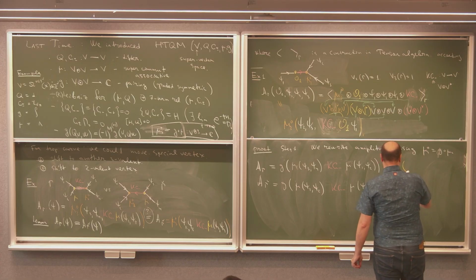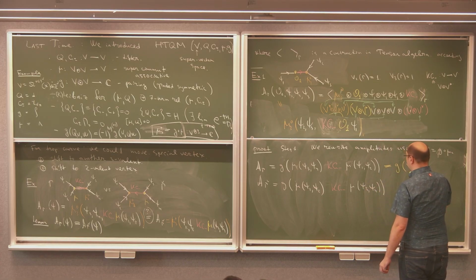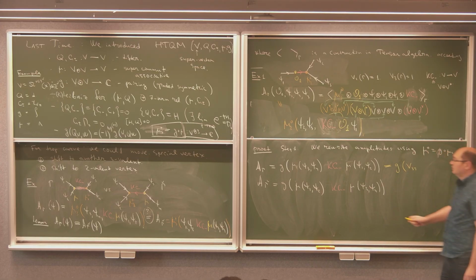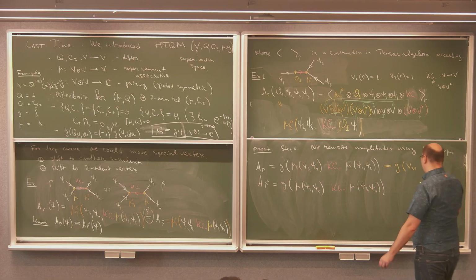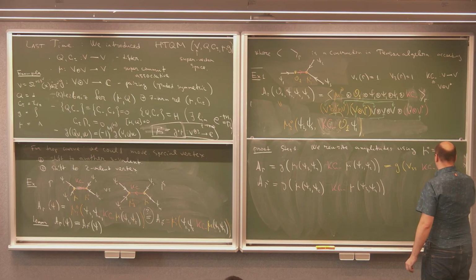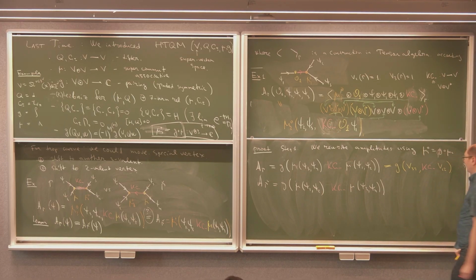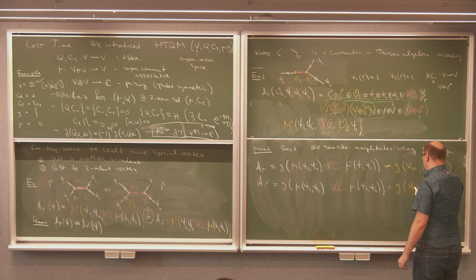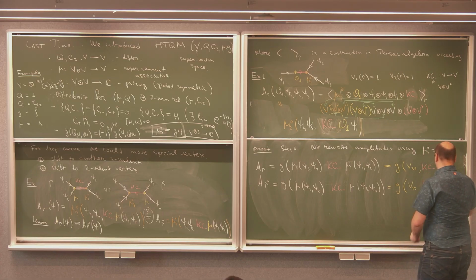It is some pairing of one vector, which we'll call v34, the product of psi3 and psi4, and here it is Kg minus applied to another vector v12. While the other amplitude is v12 with Kg minus of v34.